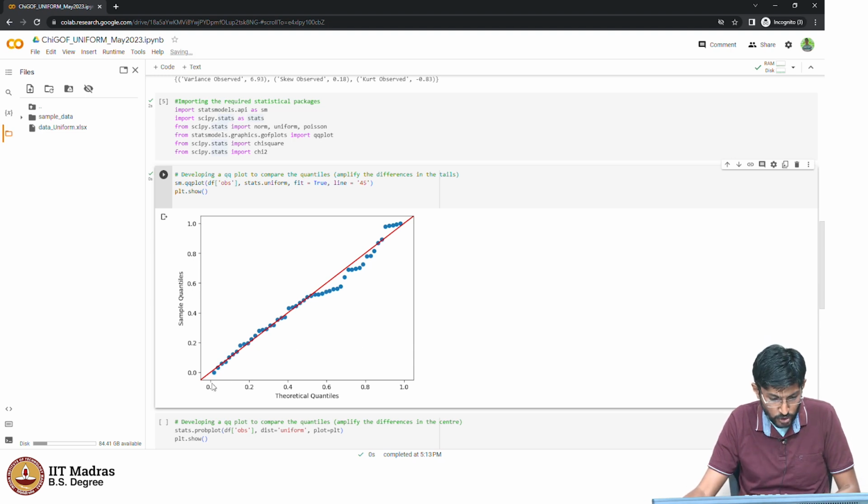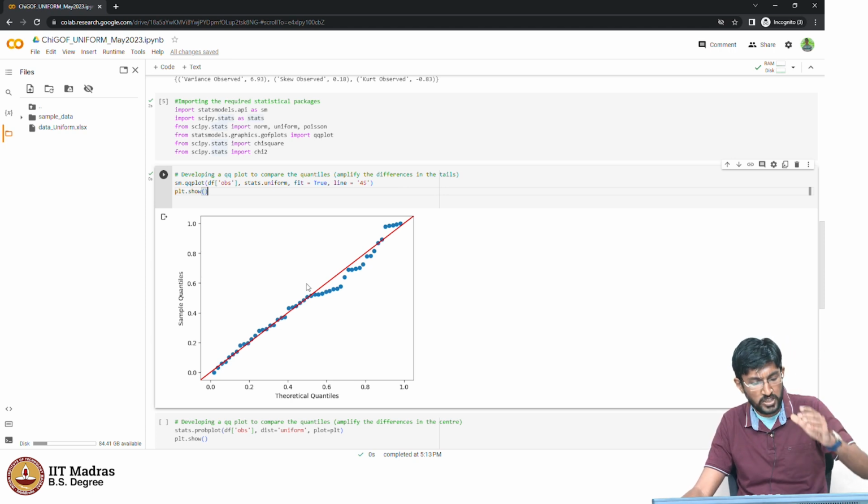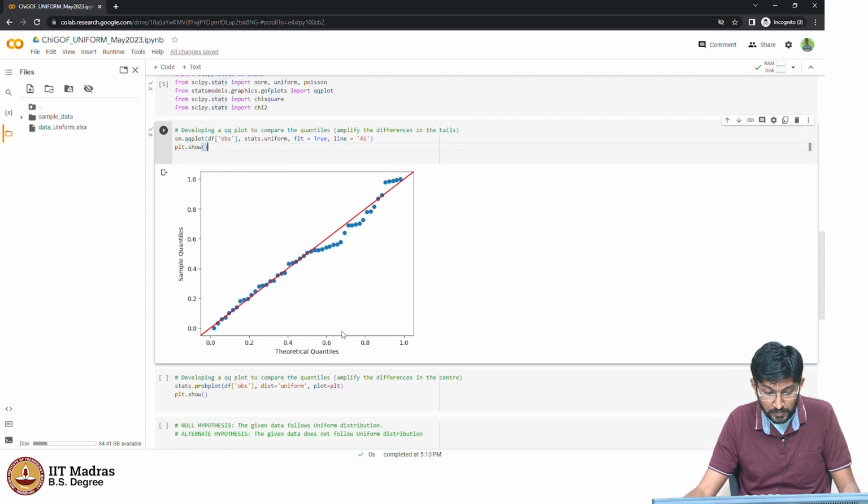In my case, most of the points are falling on this line, and very few points are deviating from this 45-degree line. And hence I can say, with a certain amount of confidence, that my assumption of uniform distribution fits well for the population given the QQ plot.